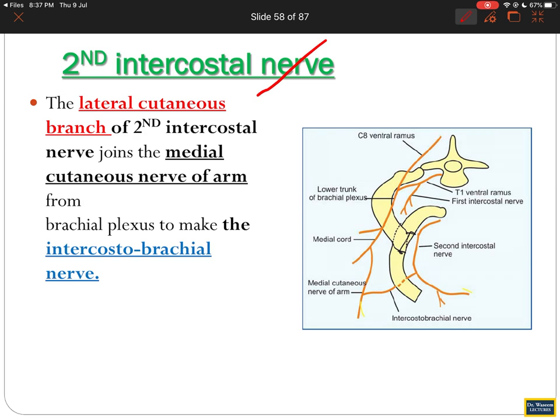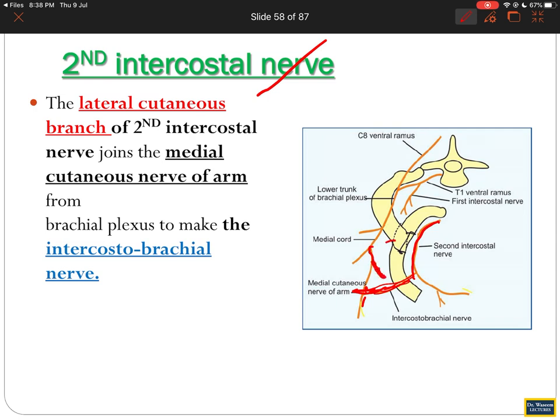And incidentally, when the lateral cutaneous nerve of your second intercostal nerve comes out, laterally outside is present the axilla, and in the axilla lies the brachial plexus, which has a lot of nerves, and one of the nerves emerging from the brachial plexus will come towards the lateral chest wall.